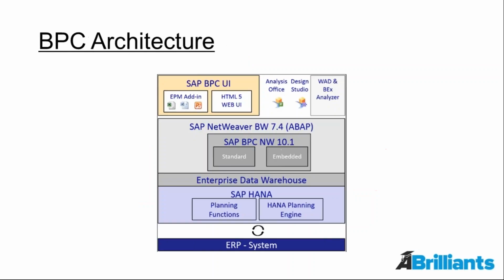Moving on to the next slide. Here we'll be talking about the BPC architecture. So here we have the ERP system first, and then HANA, and then BW, and then BPC 10.1 includes both standard and embedded.